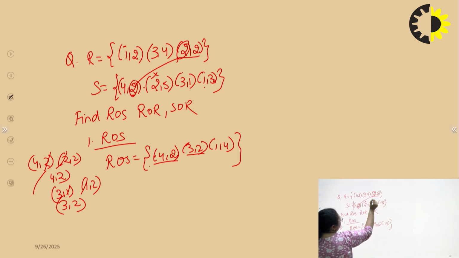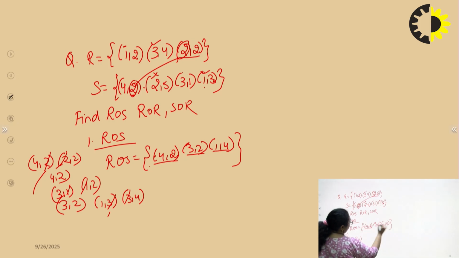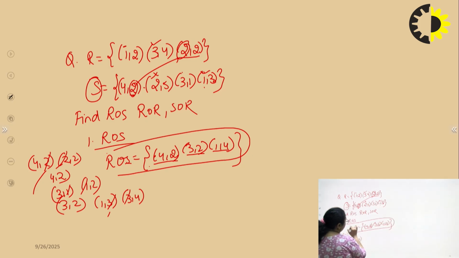Is any relation starting with 3 in R? Yes, (3, 4). So we have (1, 3) and (3, 4), so (1, 4). So RoS means we will be taking the S term first, making it a compound statement with the second relation, that is R, and we will be calculating it in this way.